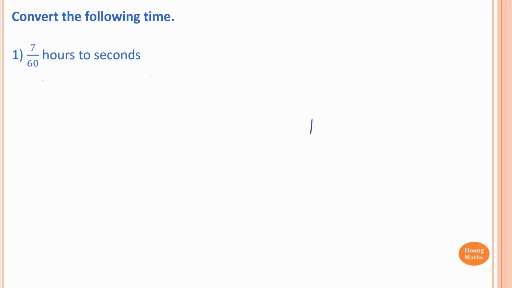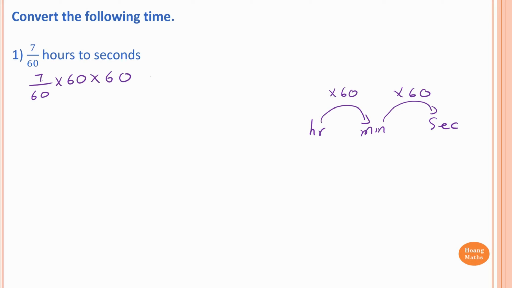First one, I just write the hours out, and then minutes, and then seconds. So I want to convert from hours to minutes, I times 60, and from minutes to seconds, I times 60 again. So I just times by 60 and times another 60. So 7 over 60, I times by 60 to give me minutes, and I times 60 to give me seconds.